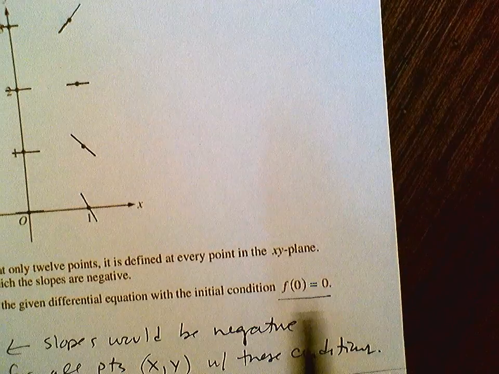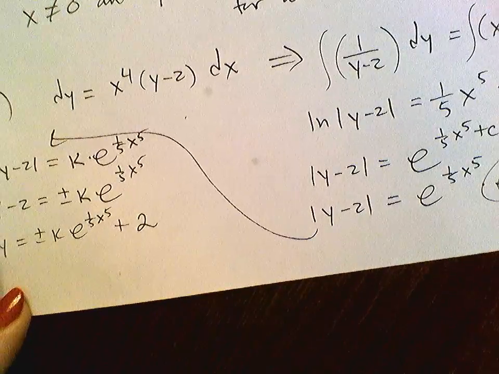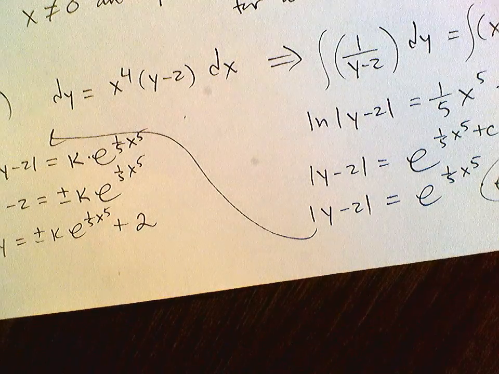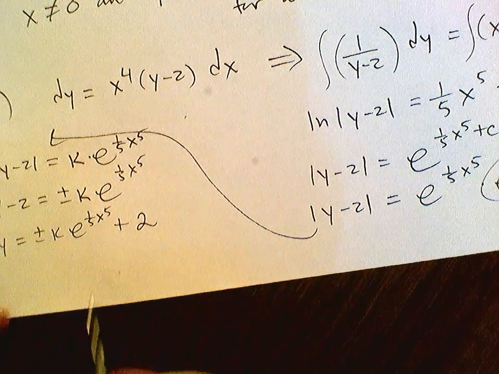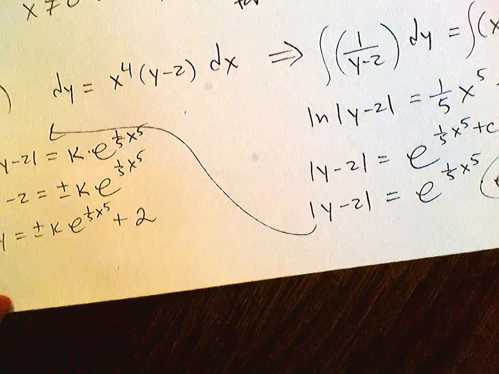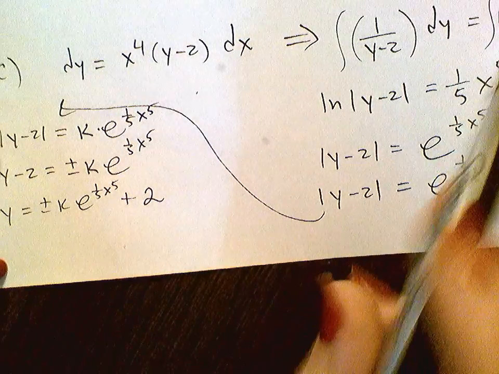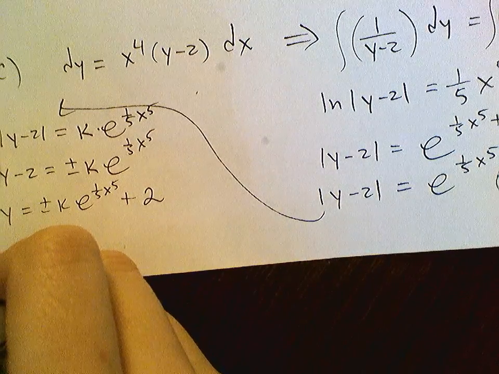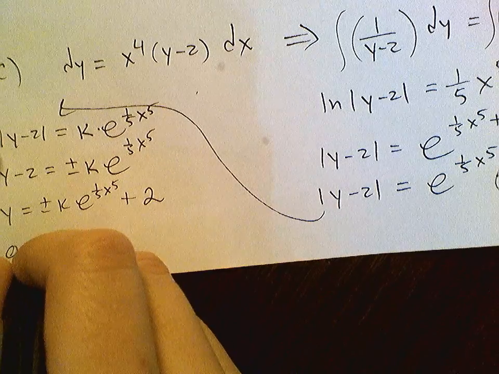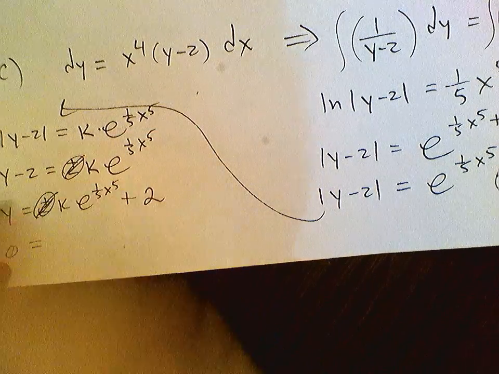Now this initial condition f of 0 equals 0, that's going to tell me what this k is. And I don't actually even really need that plus or minus because k could be any number. It could be positive or negative. So if I plug 0 in for x and 0 in for y, I get 0 equals, and let me get rid of that plus or minus.